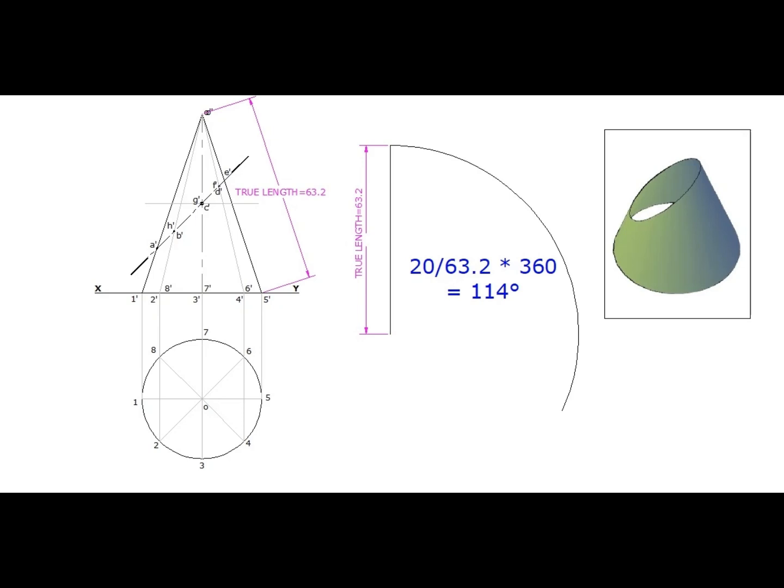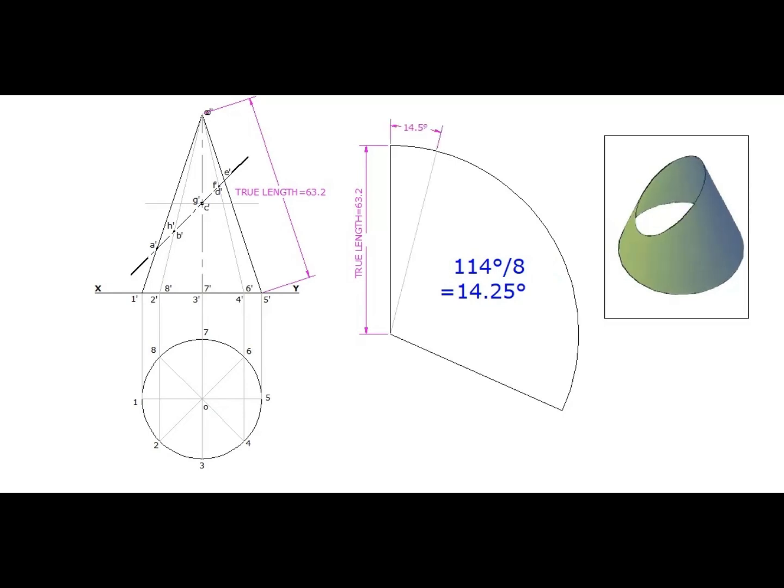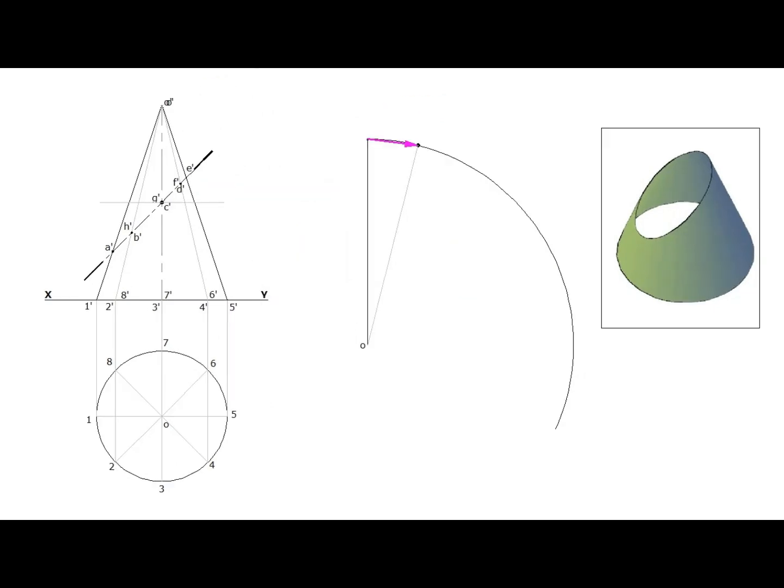Now, we have to divide the arc segment into the same number of parts as we have on the base of the cone. Here the included angle of development is 114 degrees. 114 divided by 8 is 14.25. 14.25 degrees is to be marked first. Measure this distance of this segment on the arc, and cut arcs to mark the remaining points.